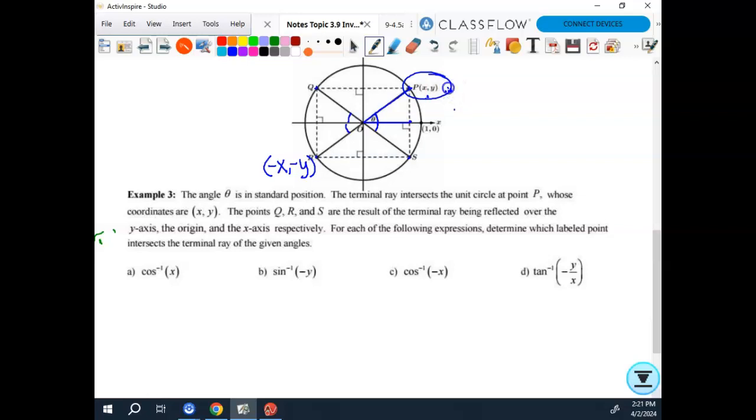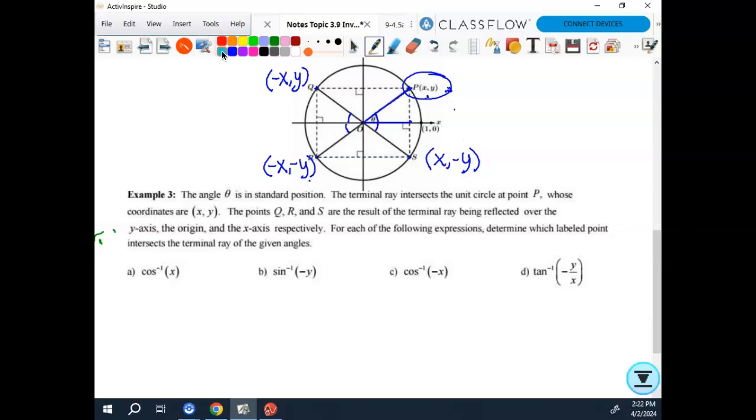And if I say this is negative x, negative y, that makes this x, y. Does that make sense to you? So you have to make sure you know, just because it's in the third quadrant doesn't mean you're going to slap negatives on the ordered pairs there. But in this case, because this is in the first quadrant, that is what's happening. So this is negative x, y. This is x, negative y.